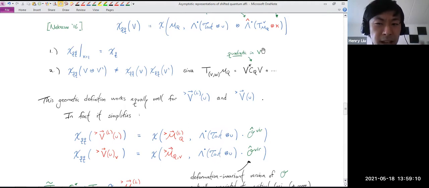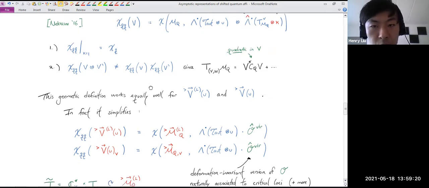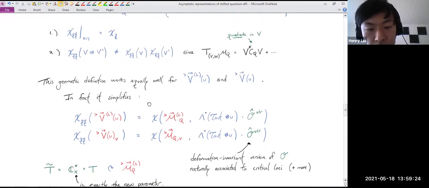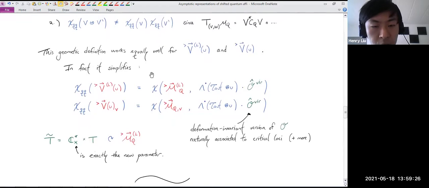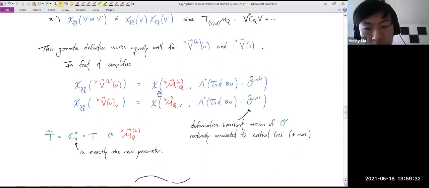It's not exactly true, but it's true maybe up to sign after you take symmetrized wedge or something. And so if we rewrite the QQ character in terms of these virtual structure sheaves, we get something even more geometrically natural to study. These are Euler characteristics of the virtual structure sheaf with a certain tautological insertion.